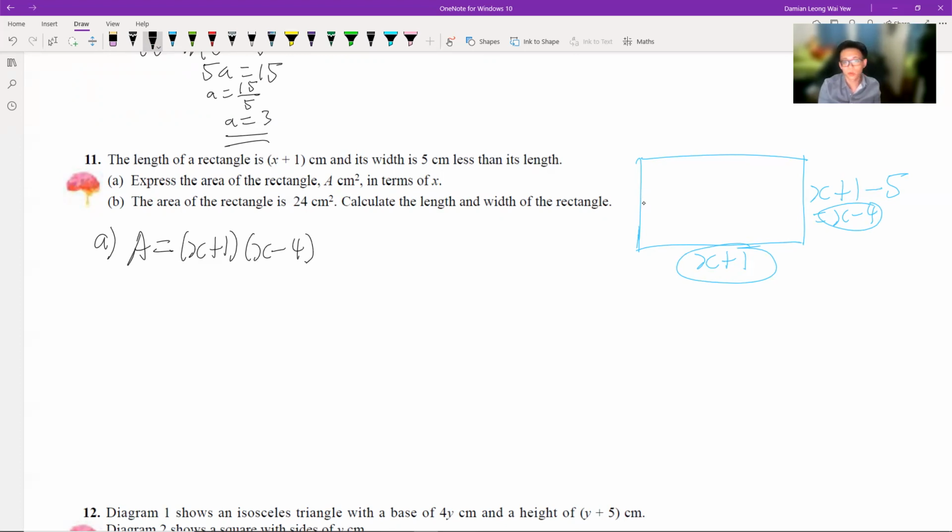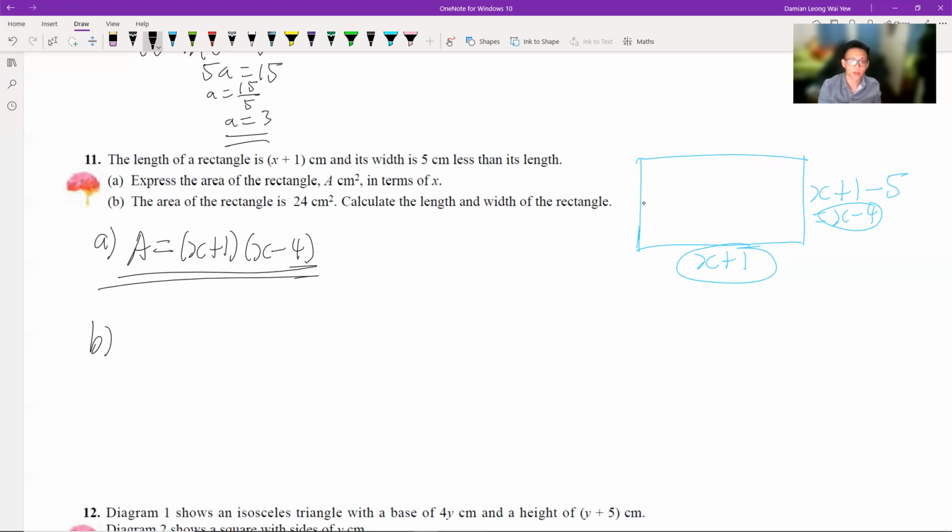So there is no requirement or restriction on what form you need to put it in. They just want A in terms of x. So it's okay to just leave in this form. If you want to expand, also is fine. Okay, but part B, anyhow, we will need to expand. Okay, because we want to find x.